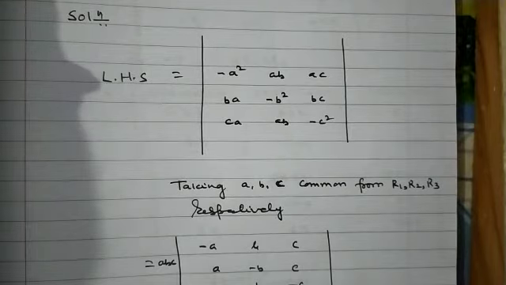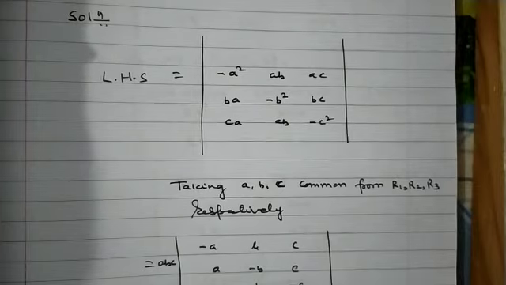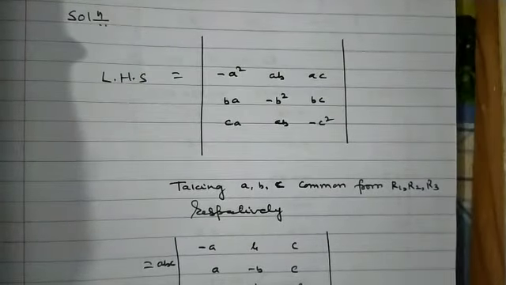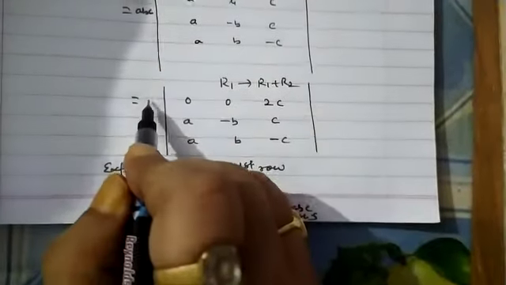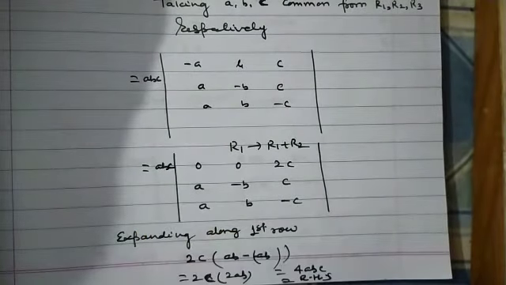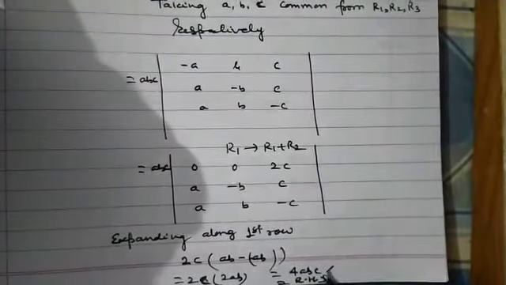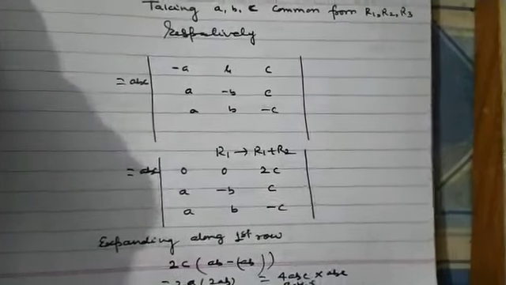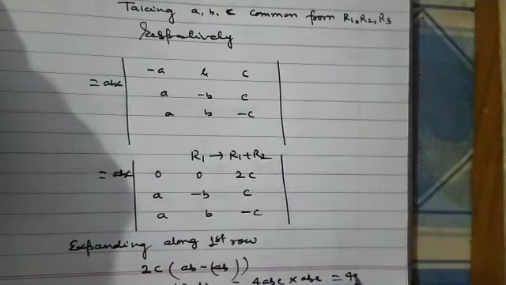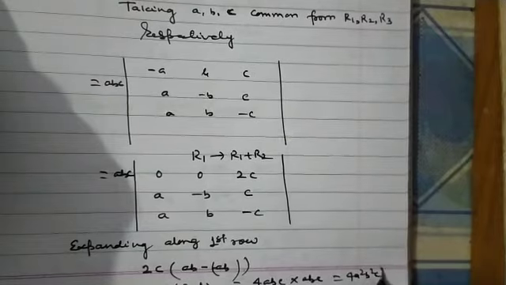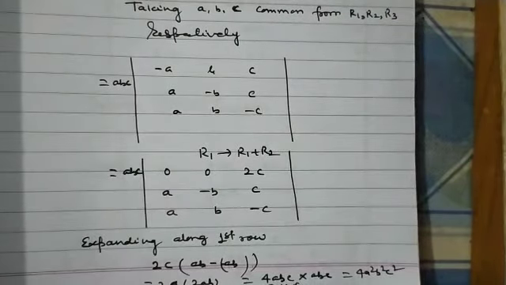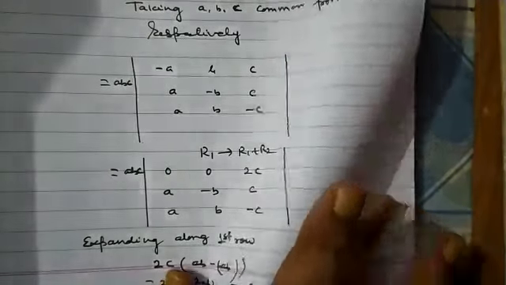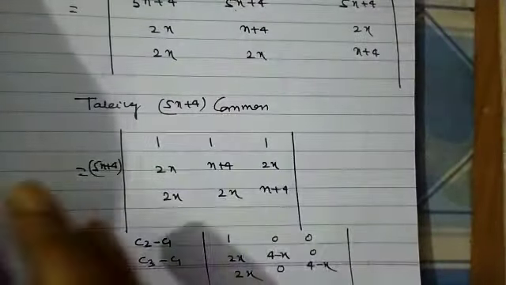Expanding this determinant with respect to the first row, we have 4abc, and abc is also common. So 4abc into abc will be 4a square b square c square.